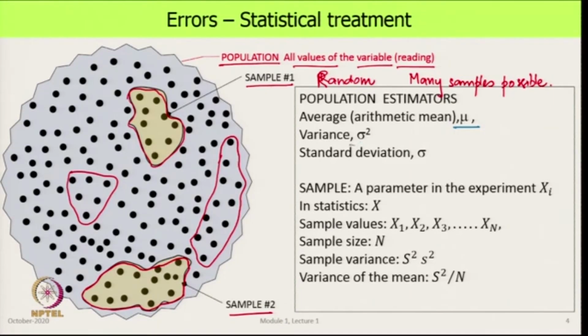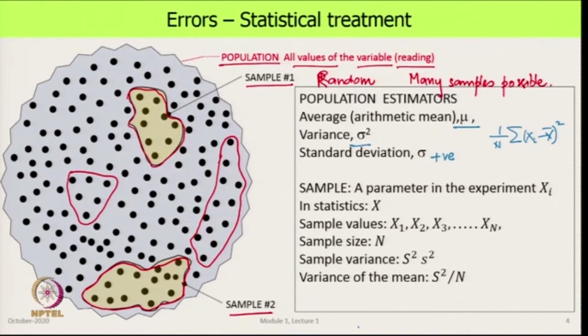Then we define the variance, which is sigma square, which is 1 upon n summation of all the values of x i minus x bar square. And the square root of that, the positive value of the square root of that, is the standard deviation, sigma. So, this is something we probably learnt in school.